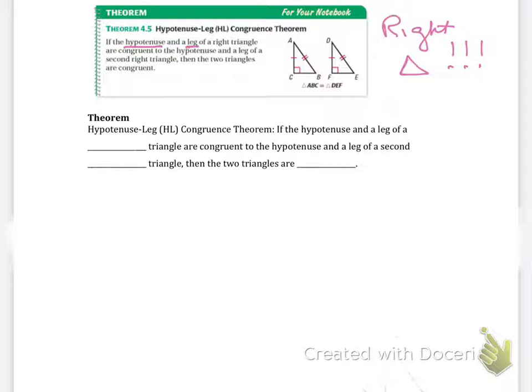So let's look at this theorem. We're going to fill in these pieces for ourselves. If the hypotenuse and a leg of a right triangle, okay, it has to be a right triangle, are congruent to the hypotenuse and a leg of a second right triangle, then the two triangles are congruent.